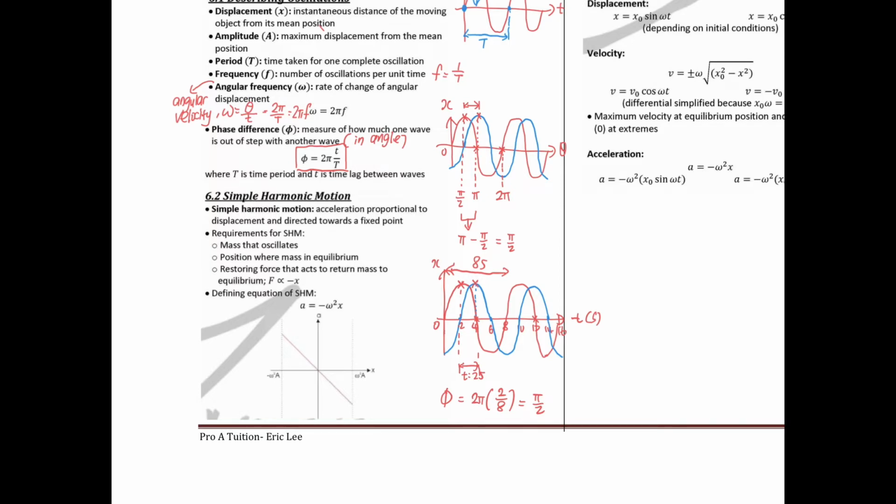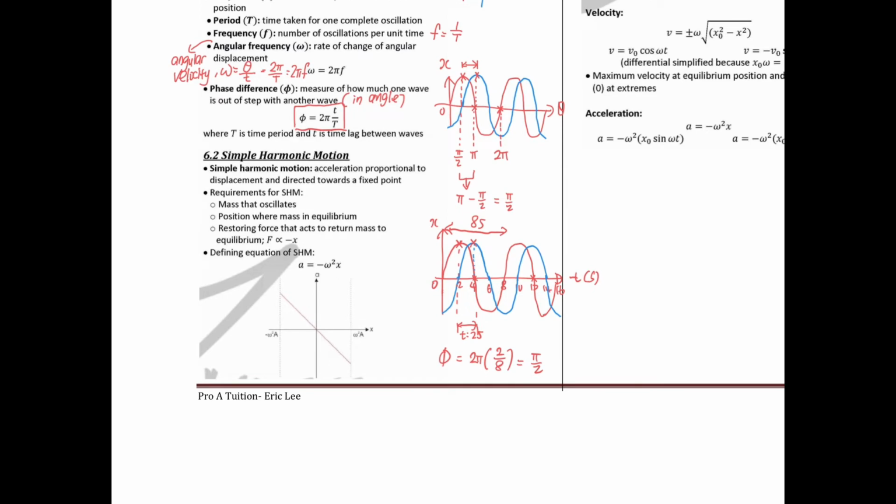Actually, this formula is actually ratio. Okay, so what kind of ratio are we talking about? Imagine that if I rearrange, phi over 2 pi equals t over T, it's actually ratio. Imagine that phi is the smaller angle that you're supposed to find.